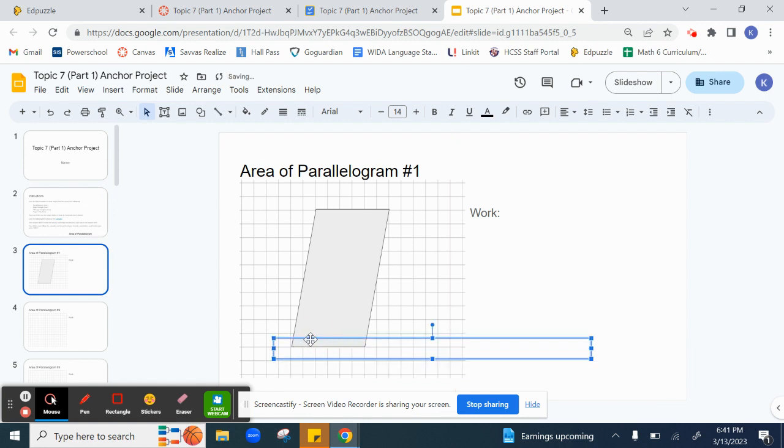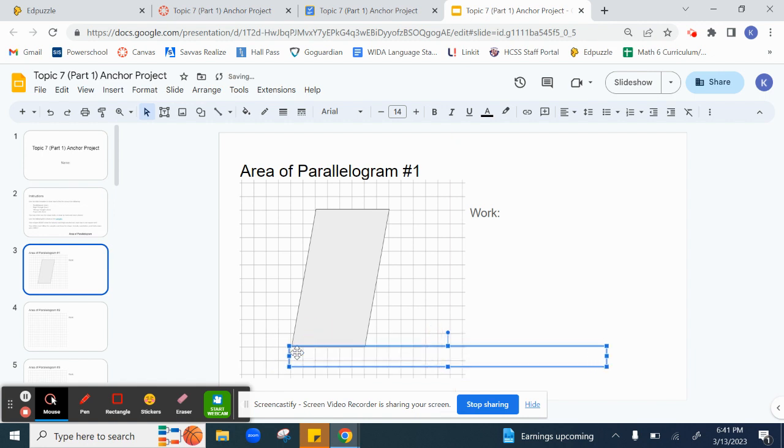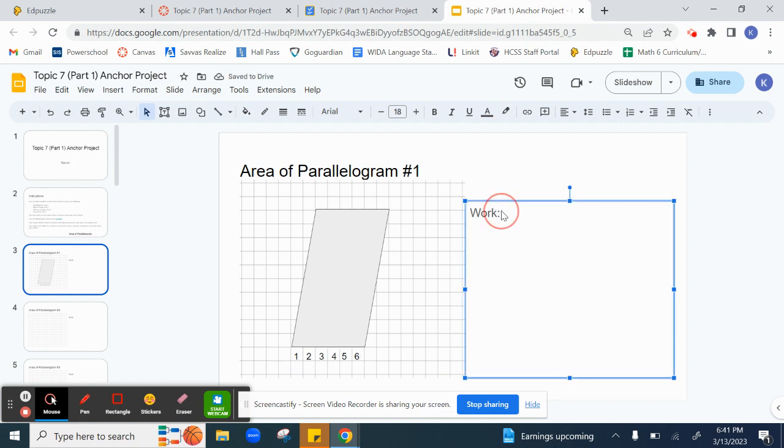Again, let's count them out. 1, 2, 3, 4, 5, 6 boxes. So our base is going to be 6. So let's note that over here.